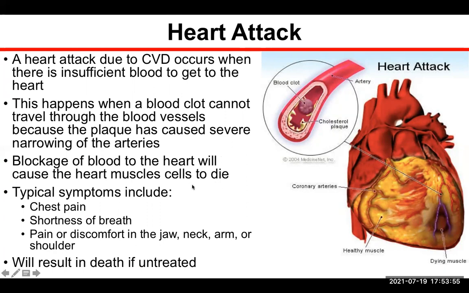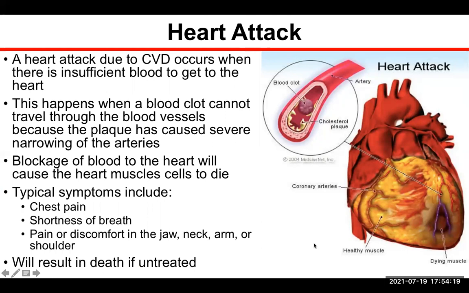A lot of people, you'll hear, end up experiencing symptoms that are usually chest pain, because they're having this whole blockage and that pressure buildup. They're going to have shortness of breath because they're not able to get oxygen spread out through their body. And because this is all in the chest cavity, they're going to have a lot of pain and discomfort in their jaw, neck, arm, or shoulder.